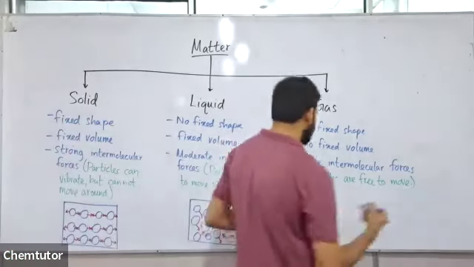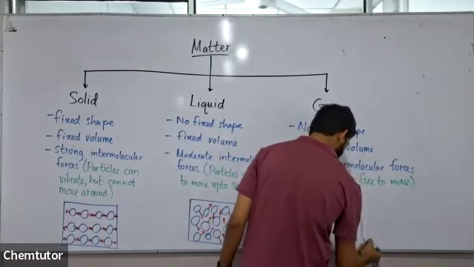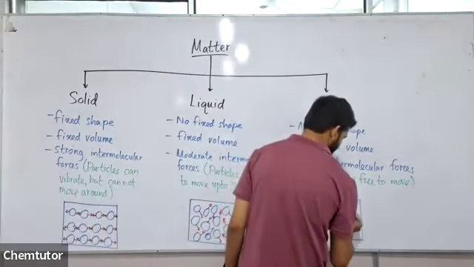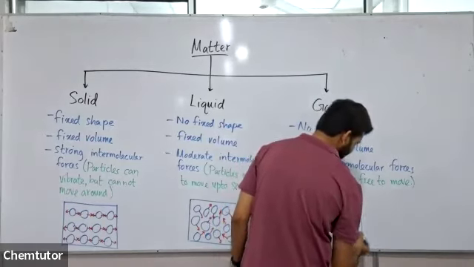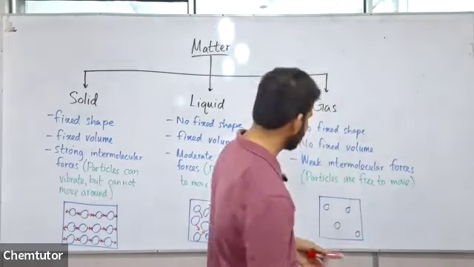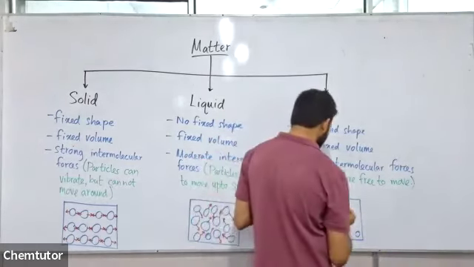If we consider gas, the particles are dispersed here and there. That means they are far apart from each other, and they are also freely movable.